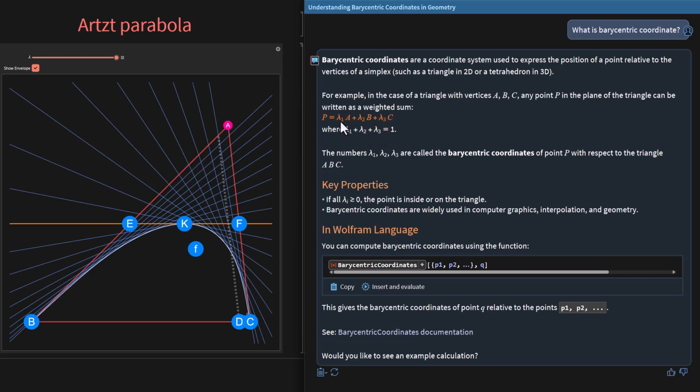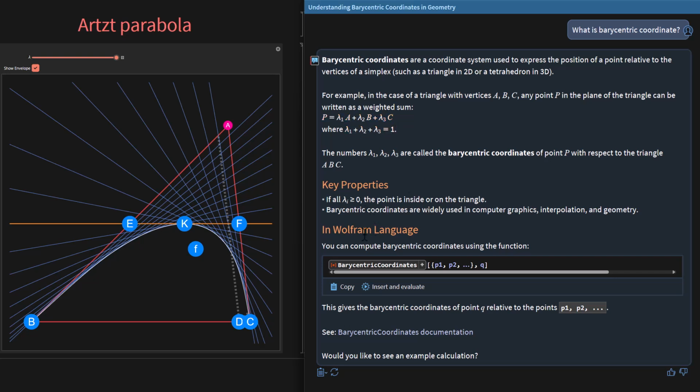Think about it: lambda 1 becomes lambda 1 over lambda 1 plus lambda 2 plus lambda 3. So we can always normalize the coefficients to sum to 1.